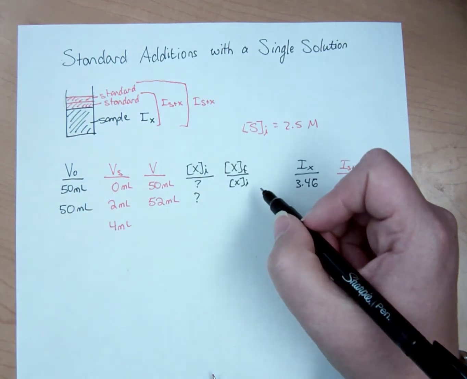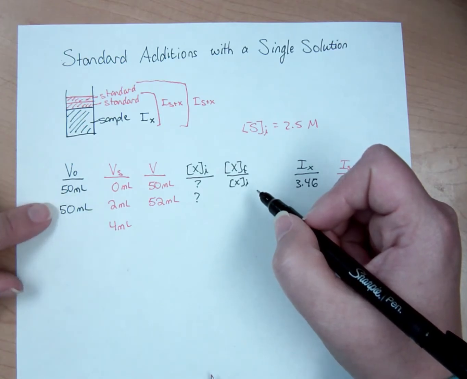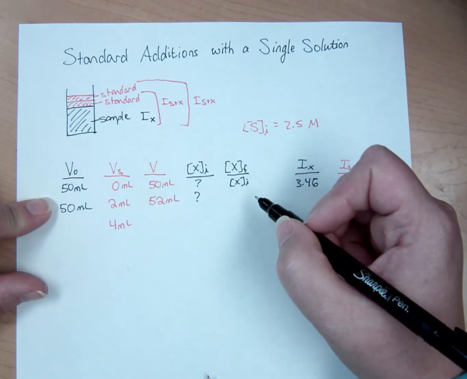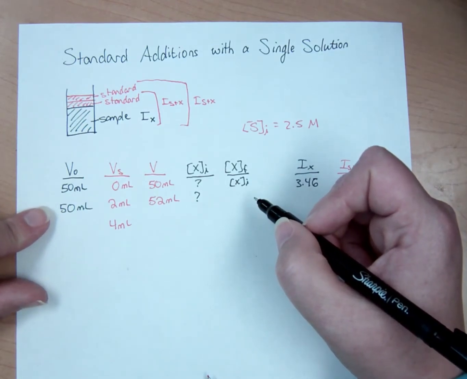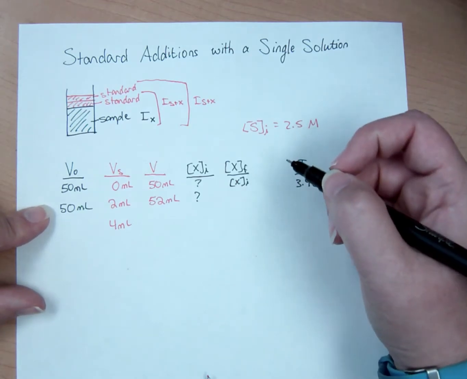So anytime you're adding volume to a known concentration of something, we're going to ultimately have decreased the concentration. We increase the volume, decrease the concentration.